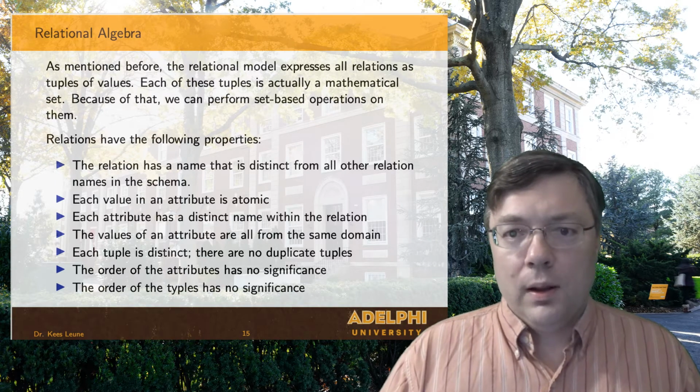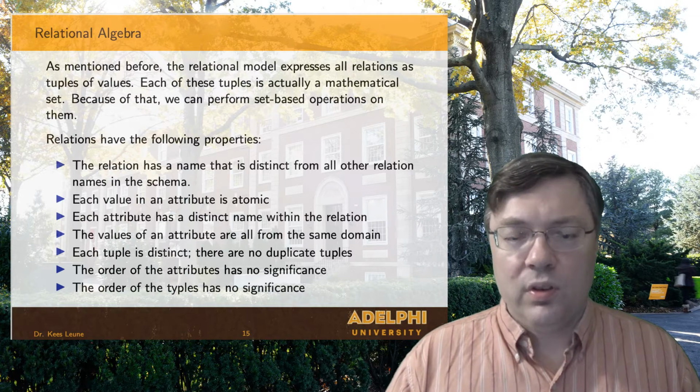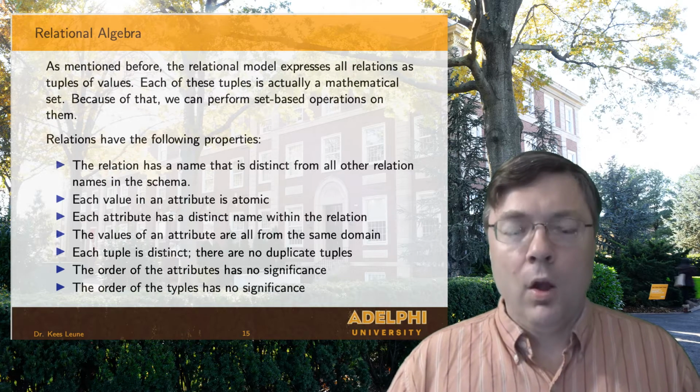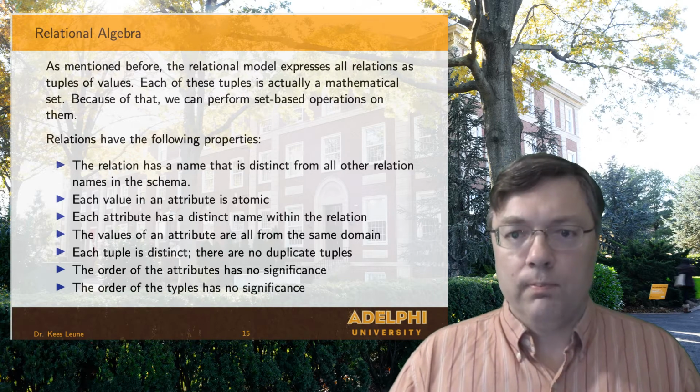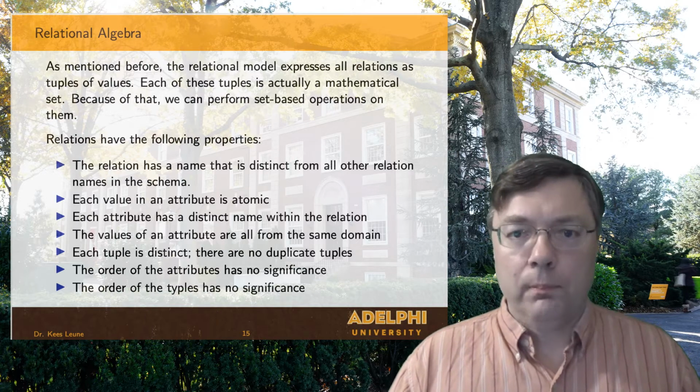Also important to realize is that it makes no sense in a relational database to talk about, say, the second relation, or the fourth attribute, or the sixth tuple. All of those are unsorted.